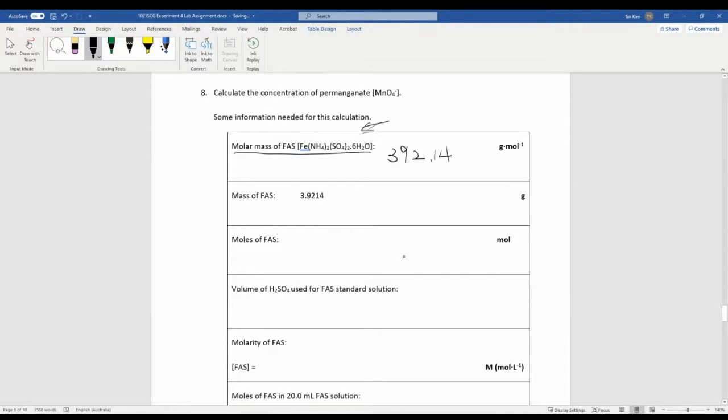Now you need to find the number of moles in 3.9214 grams of FAS. To do it, you need the mass, which is already here, and the molar mass, which we already calculated. So moles should be mass over molar mass.